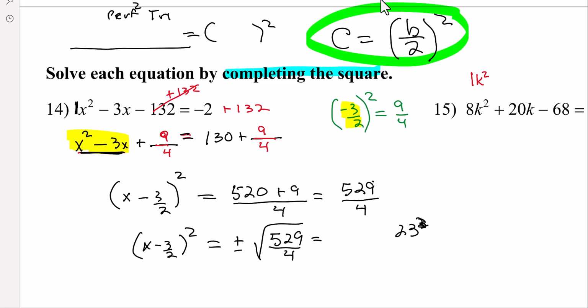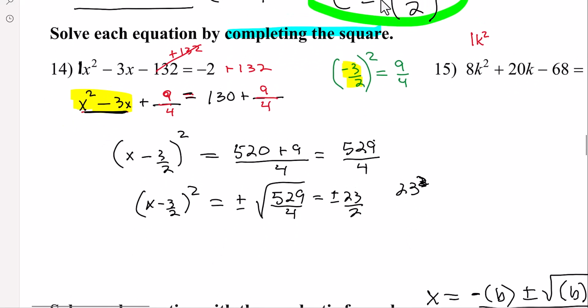Yeah, this is going to be positive negative 23 over 2, because the square root of 4 is 2. So now when we take the square root of this side, that cancels, leaving x subtract 3 halves equal to both positive and negative 23 halves.